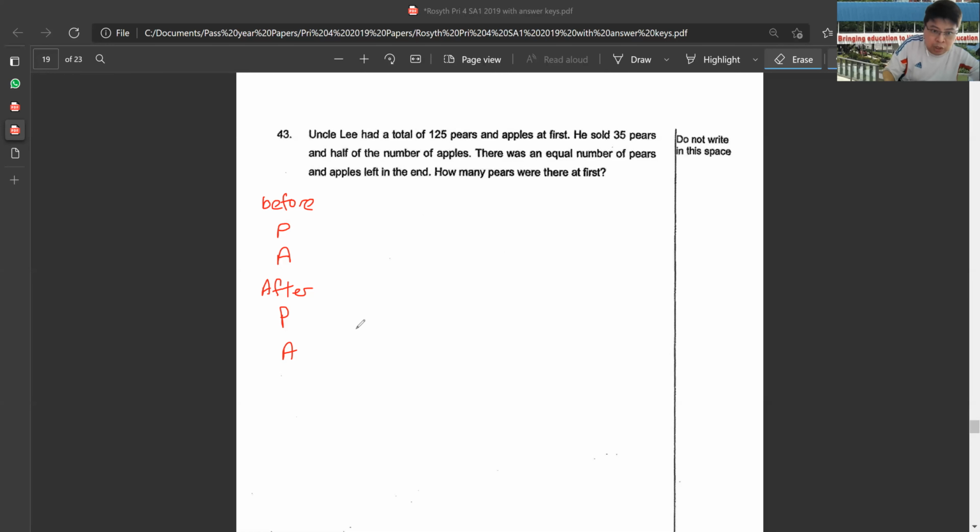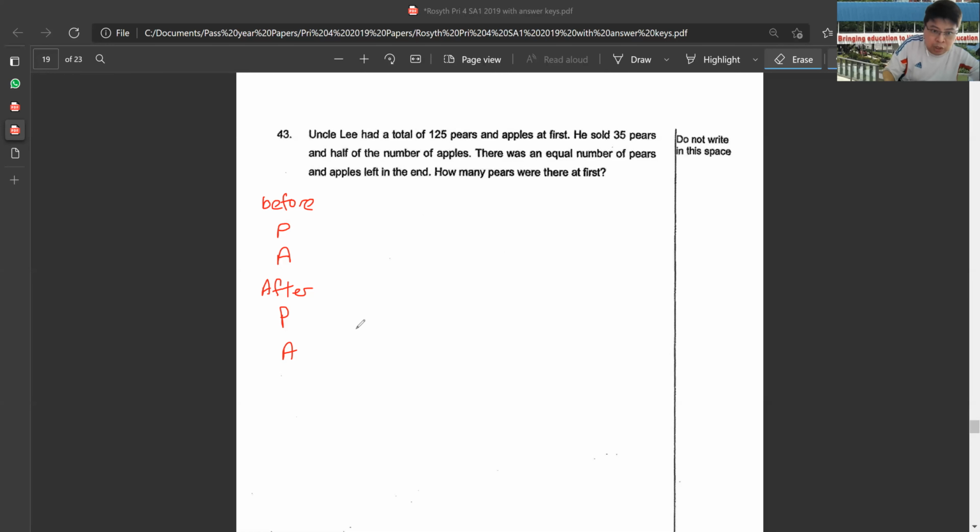You notice I draw the after model first? Yes. Because it's easier to draw and work backwards. So he sold half of the number of apples, right? So the original number of apples is twice of this, since he sold half of it.